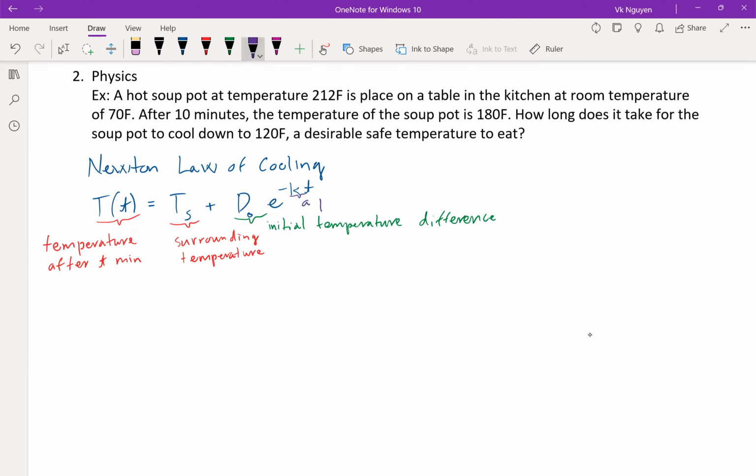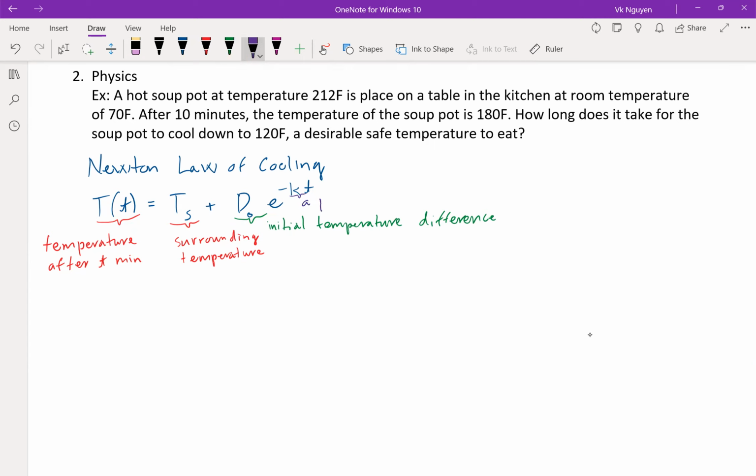Another piece of information that we can use is, after 10 minutes, the temperature of the soup is 180 degrees F. The temperature after 10 minutes is 180.